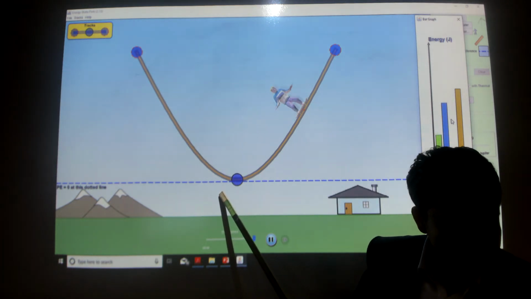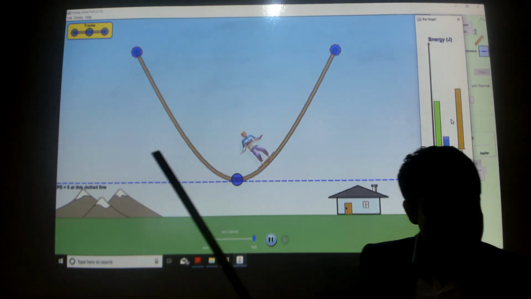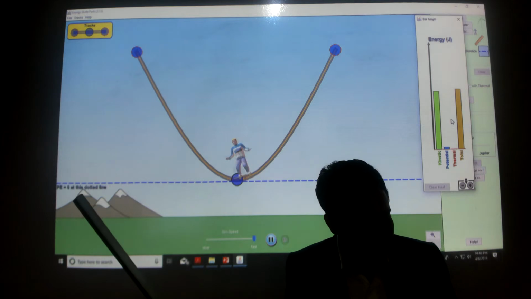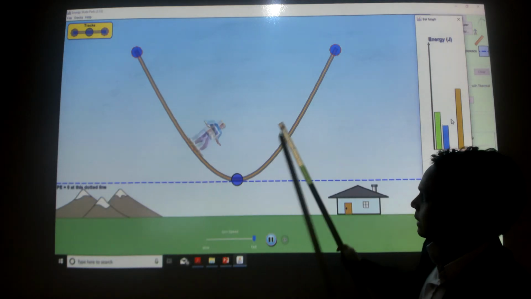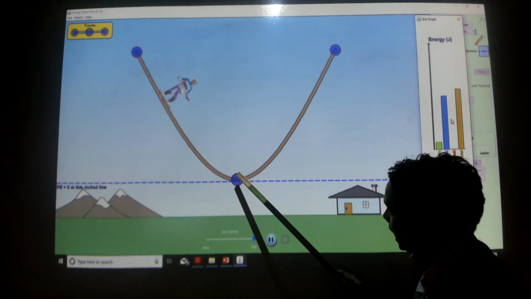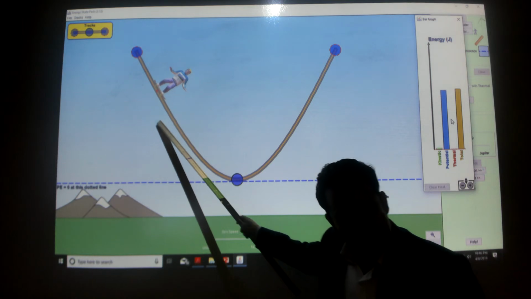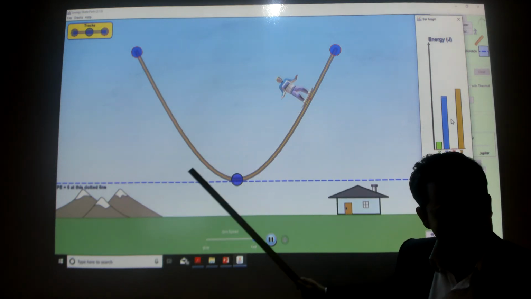All it has is the kinetic energy. But this boy is swinging back and forth as there is no damping motion, no friction. What is simply happening is the potential energy is changing into the kinetic energy, and this kinetic energy is changing into the potential energy. So there is an oscillatory motion.